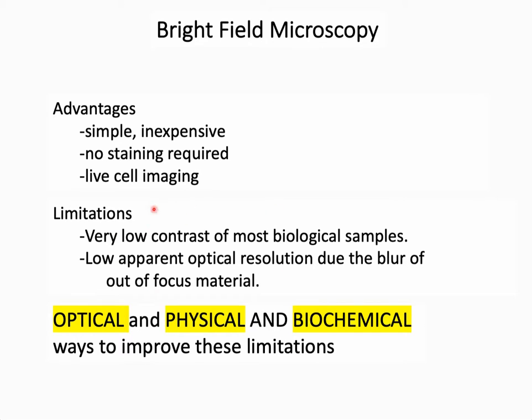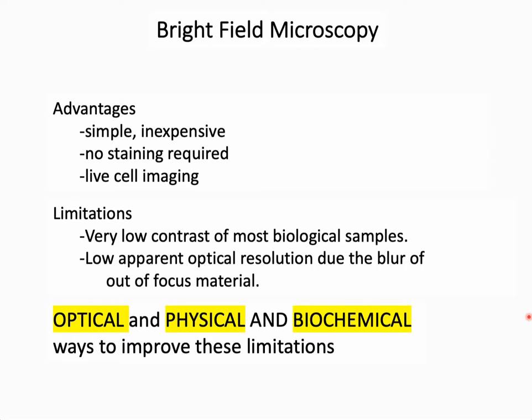But there are some disadvantages or limitations. There is low contrast of most biological samples because most biological samples are composed primarily of water, which makes for low contrast in the specimens. As discussed previously, there is low resolution. 0.2 microns is the best that can be achieved, which is good, but you can do better.